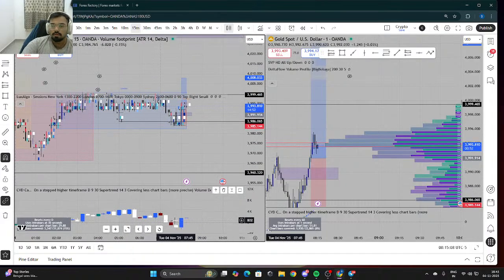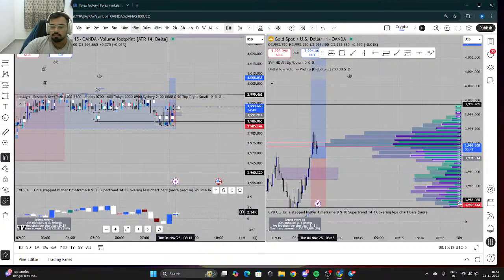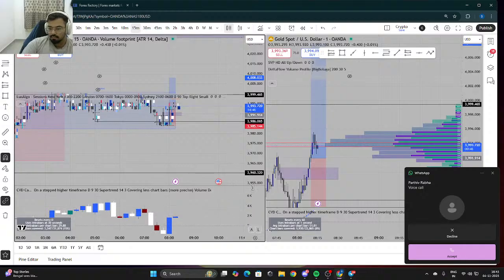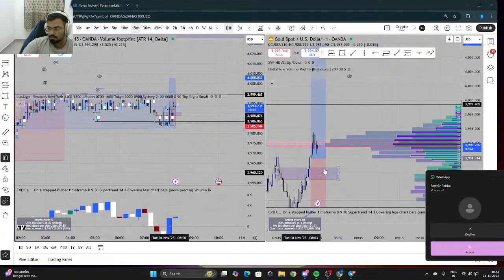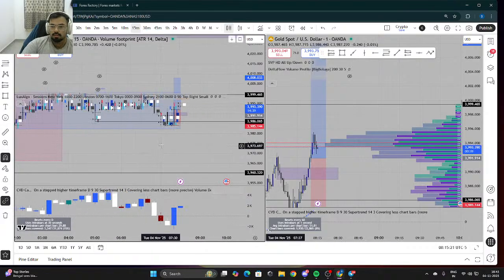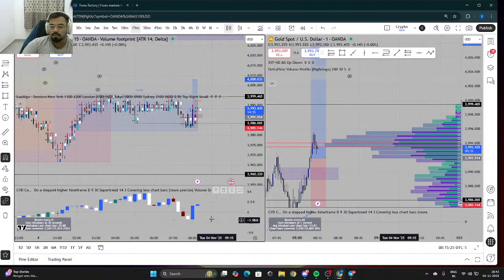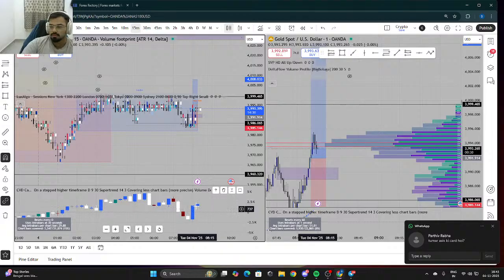It's CVD showing aggressive buying. I'm only taking the trade because of these aggressive buyers. And let's see what we get. This is a CVD exhaustion setup. I would have risked more if this was an exhaustion.